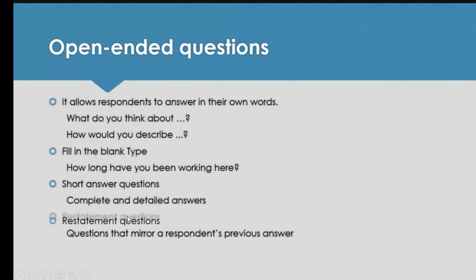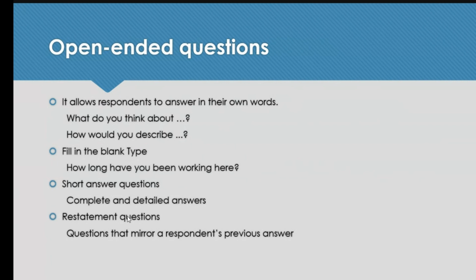The next one, restatement questions. These questions generally mirror a respondent's previous answer. What does it mean to mirror a previous answer? For example, you said you dislike completing assignments, or maybe you said you dislike completing something like travel vouchers. Is that correct?